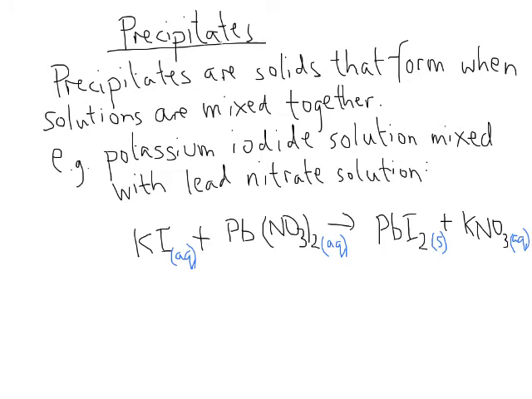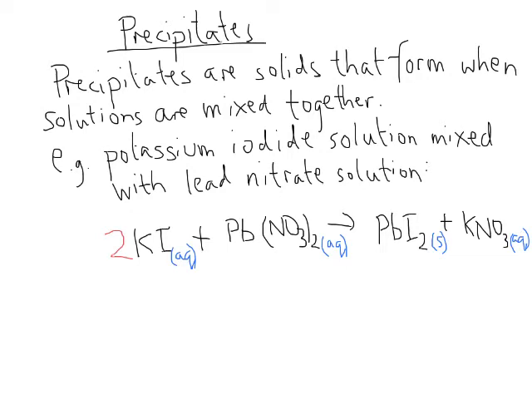When we start looking at the iodines, I've got an iodine there, but I've got two iodines there. So that tells me that I'll need to react one lead nitrate molecule with two potassium iodide molecules.